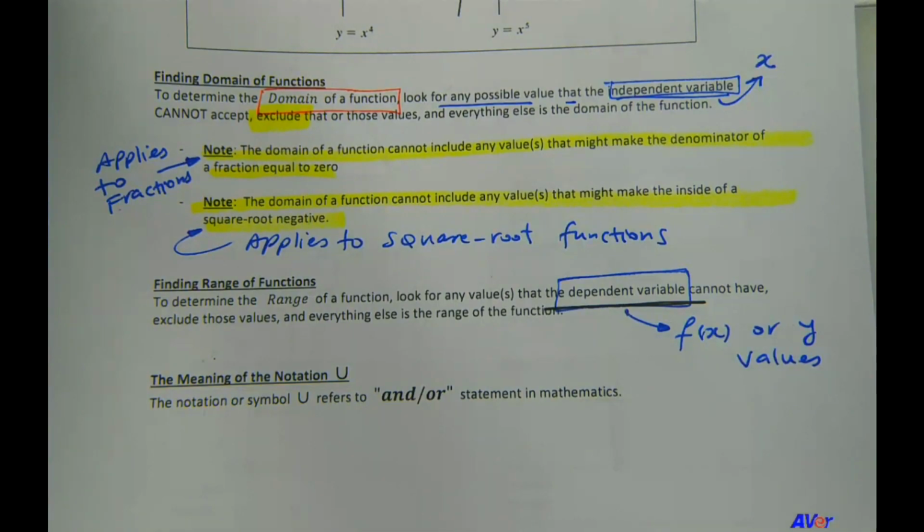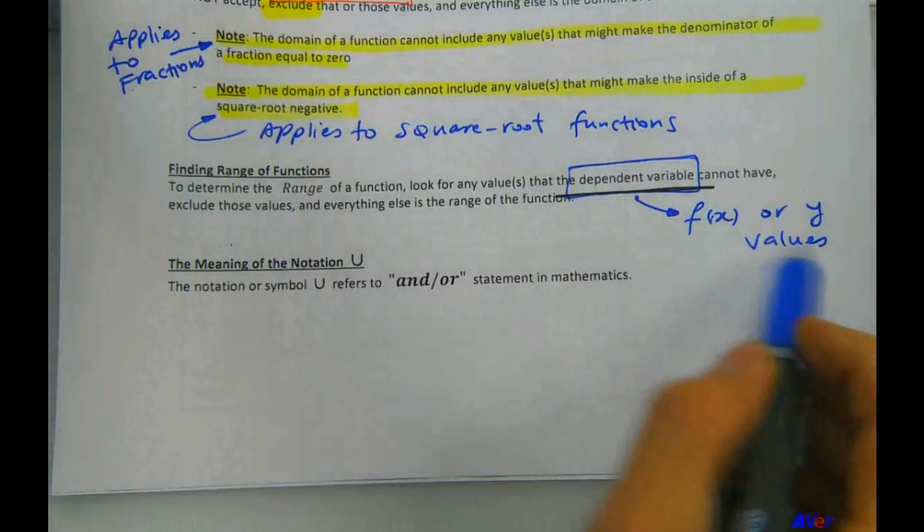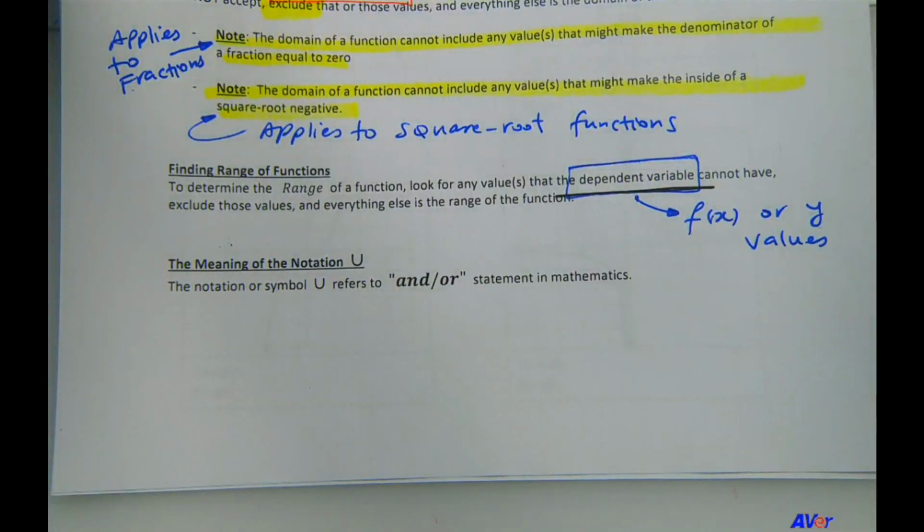So what's important, when you look at a function, in your mind, establish which variable represents the independent variable and which variable represents the dependent variable. Okay, that's how you keep track. And then for range, it's any values that are acceptable y values. So anything that is not acceptable in y, we find what those are and exclude them from the range.